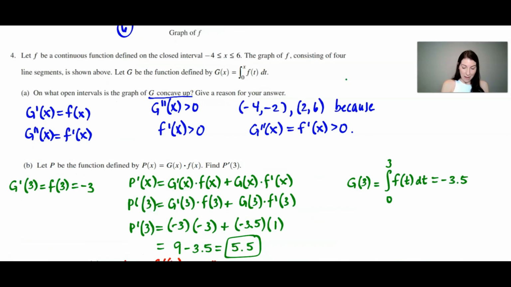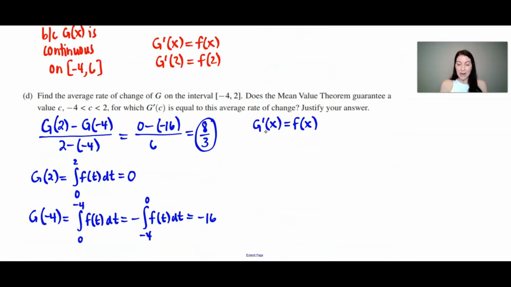So therefore, that means G is differentiable on the interval from negative 4 to 2. And because G is differentiable, that automatically means G is continuous, because differentiability implies continuity. So therefore, the mean value theorem would guarantee a value of c where the instantaneous rate of change would be equal to this average rate of change.